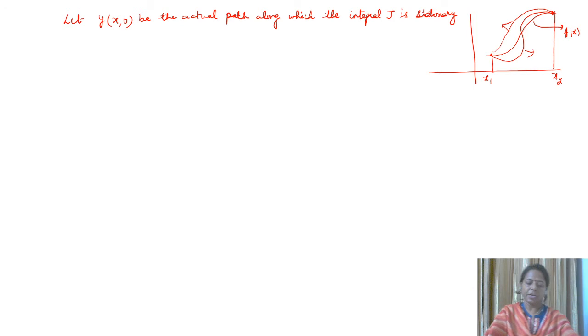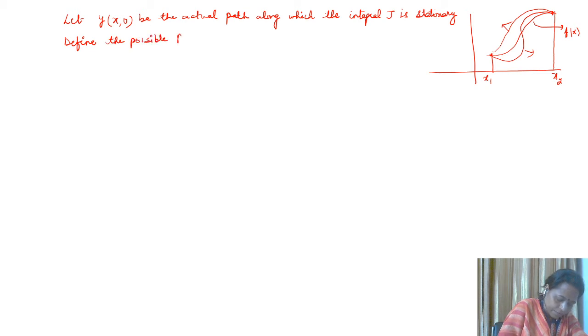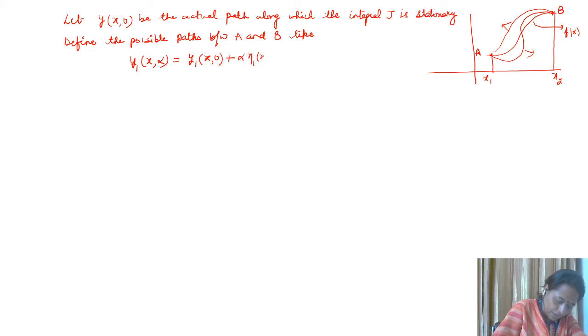Now we define some neighboring paths. Now define the possible paths between A and B. How will we define this? First I am taking it for 1: y1(x, alpha) is y1(x, 0) plus alpha eta 1(x).